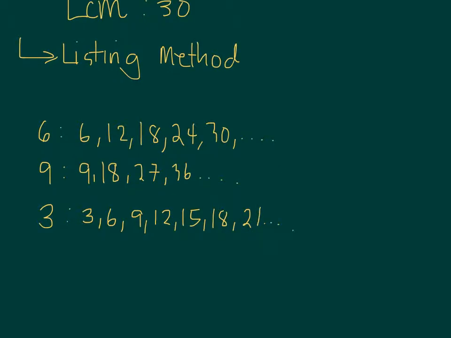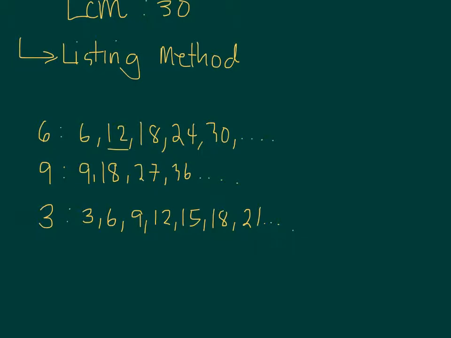Now, since we just want to find the least common multiple of the numbers, we check which of the multiples is the first one to come up as common to the 3. Now, 6 is not present in 9, although it's present in 3, but we have to consider all, so 6 is not the least common multiple.